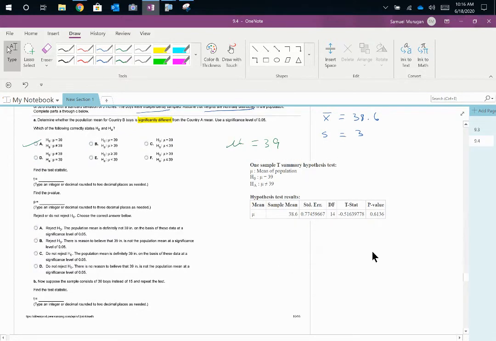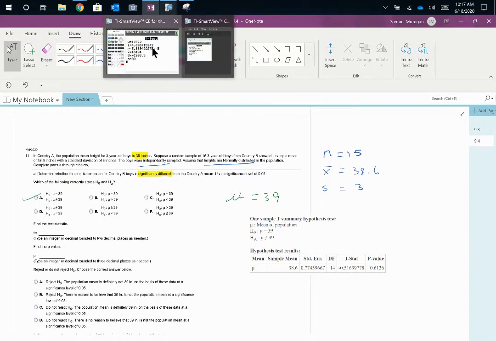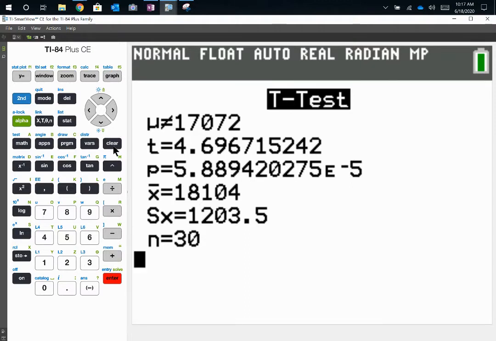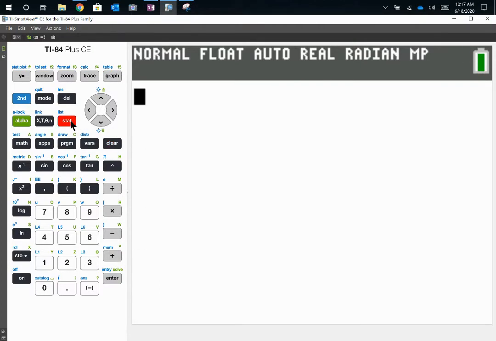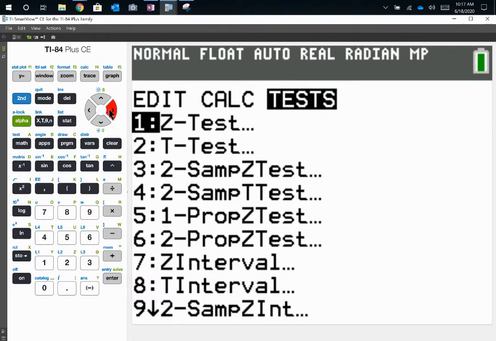Okay, then we want to do the calculator as well, just to make sure, because some of you will be using the calculator, right? So again, to do this, we press stat, test, number 2.